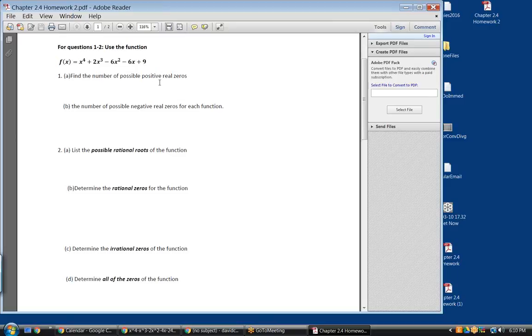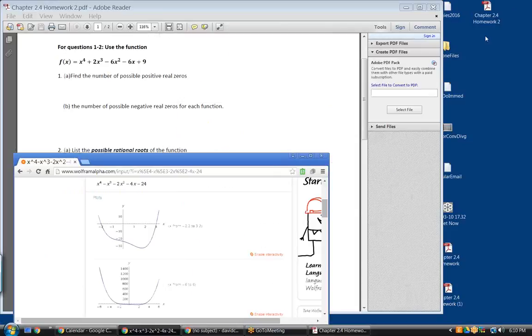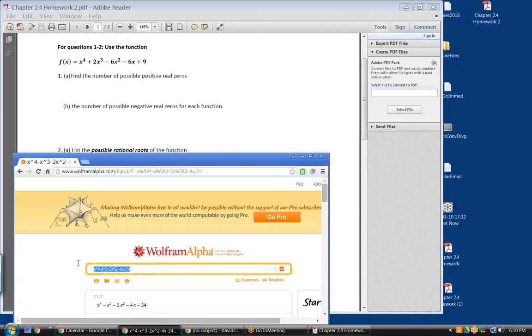So right off the get-go, we don't know the answer to this. But if I graph it, and if she says that's okay to do, then let's do it. That'll get us started. In fact, that's almost the only way to get started, because the other way involves the rational factor theorem, and that just takes all day long.